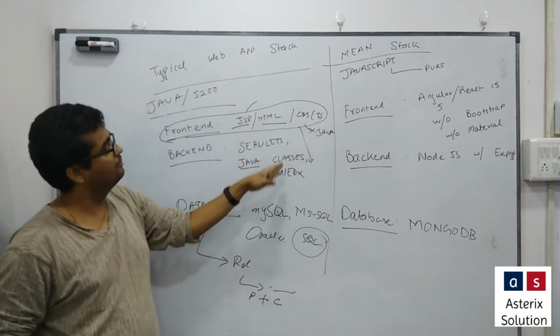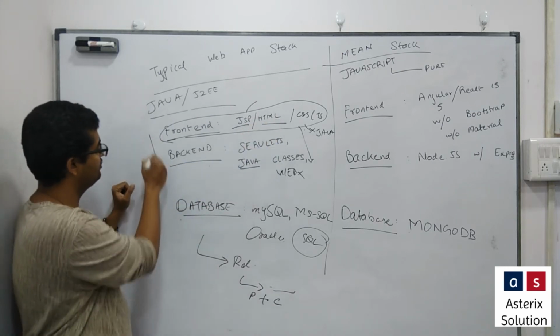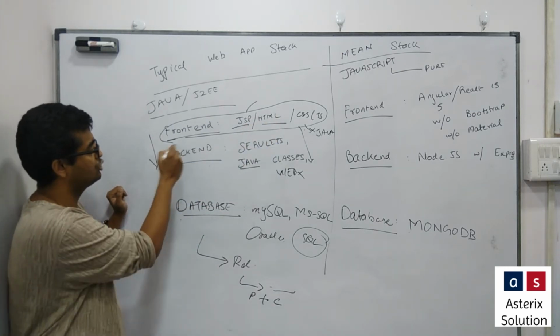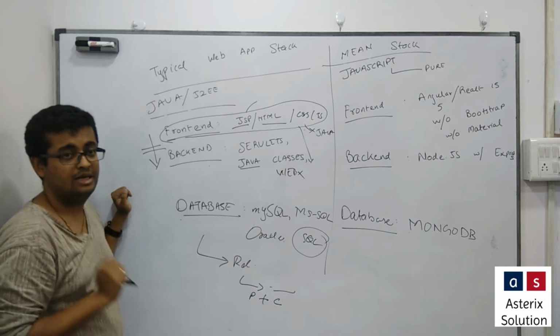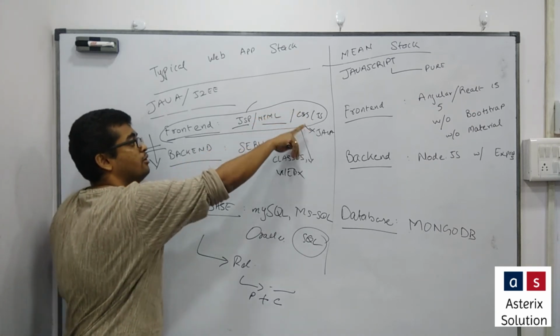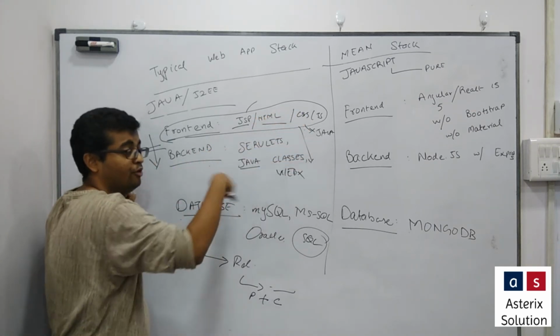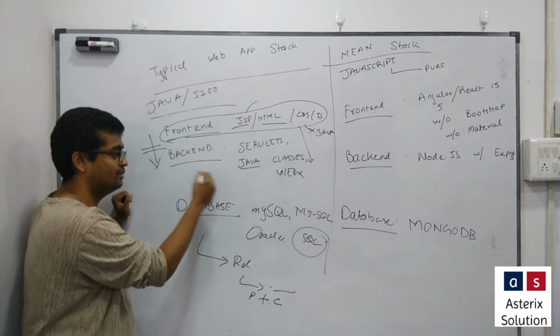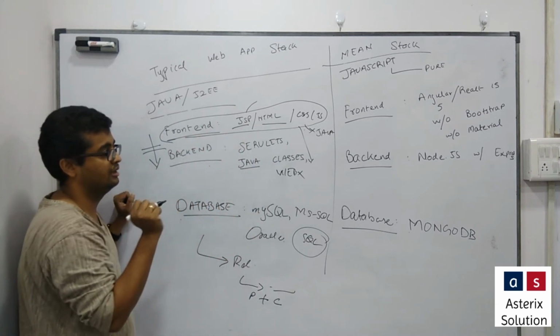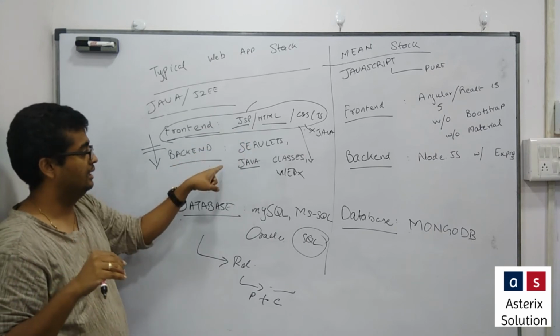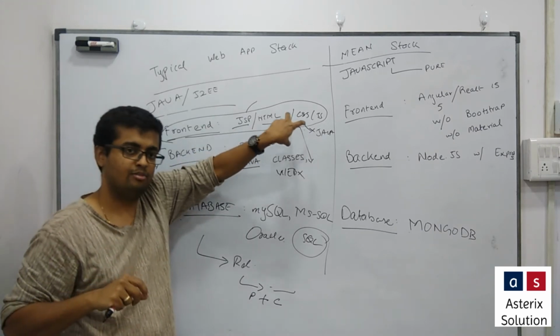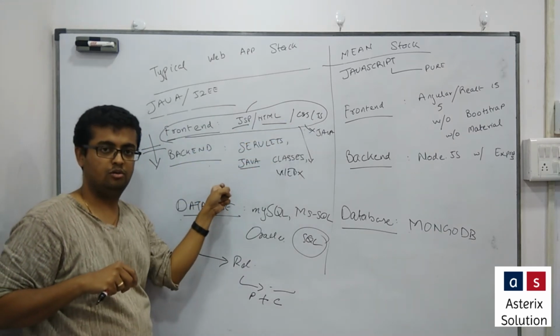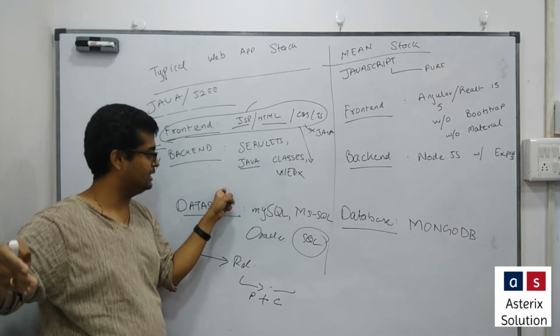So that's the problem. When the data comes from the front end to the back end, there has to be something called marshalling, meaning converting the data from one type to another for computation. Let's say a user has done login, giving his username and password. I have to convert that object coming from the front end into a POJO, a plain old Java object.